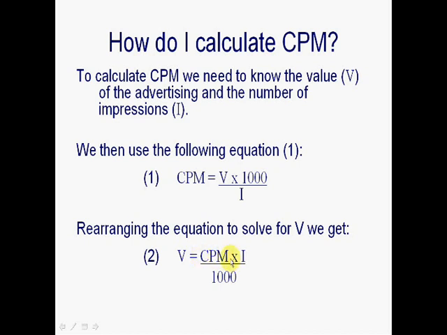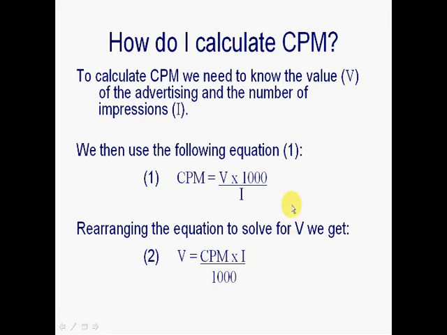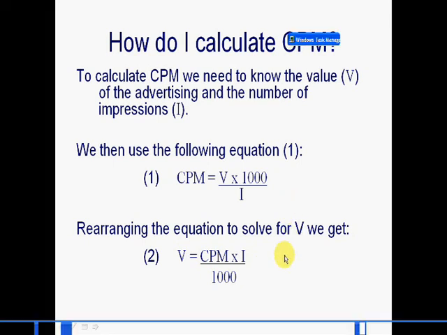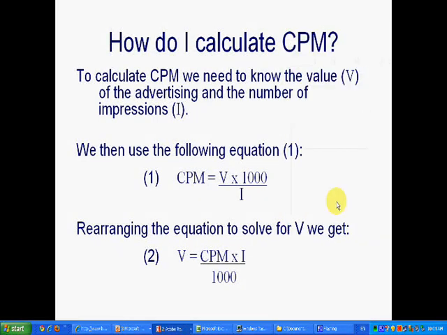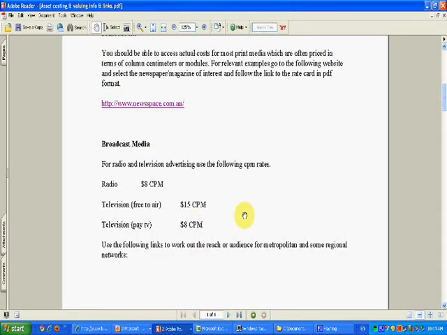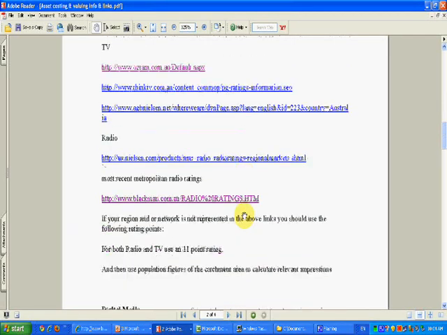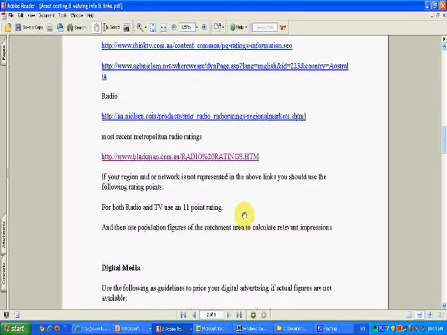We use our CPM value that we've got there, the number of impressions, divided by 1,000, and we can get our value for these broadcast media assets. So that's how we do our broadcast media, and you need to probably spend a bit of time going through those links and working that out.